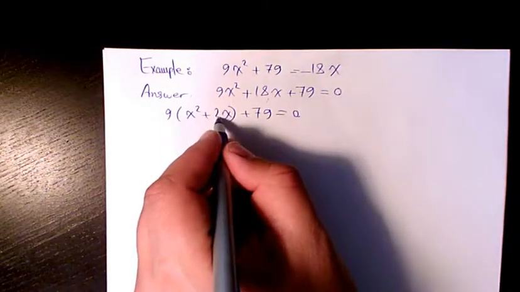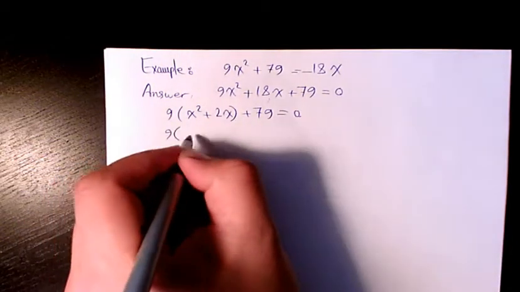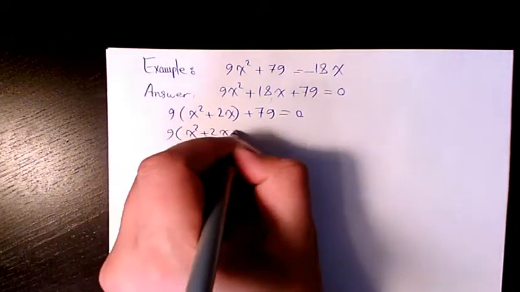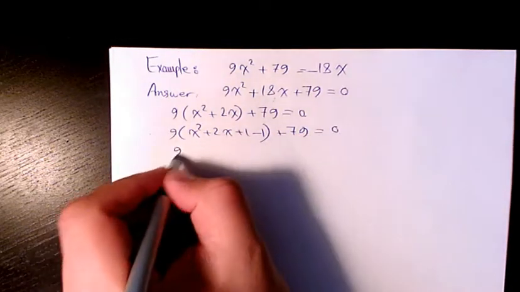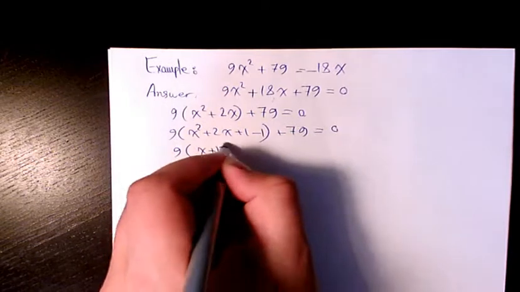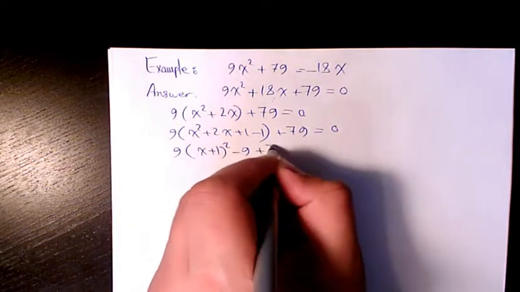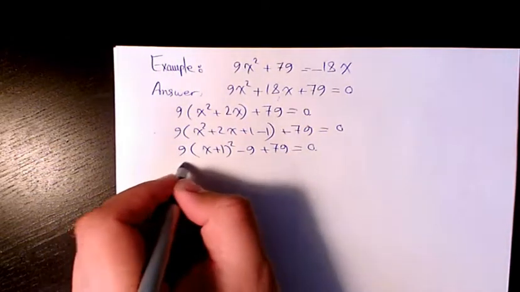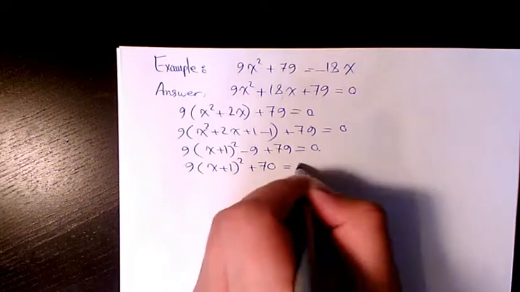So here b divided by 2 is 1, 1 squared is 1, so I have 9 times x squared plus 2x plus 1 minus 1 plus 79 equals 0. I have 9 times x plus 1 squared, negative 1 times 9 is negative 9, plus 79 equals 0. So 9 times x plus 1 squared plus 70 equals 0.